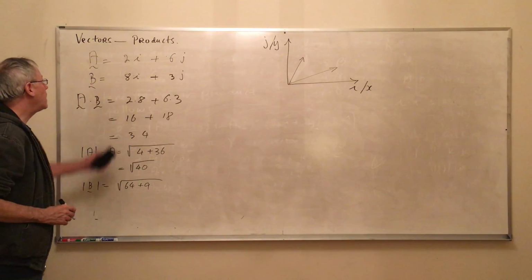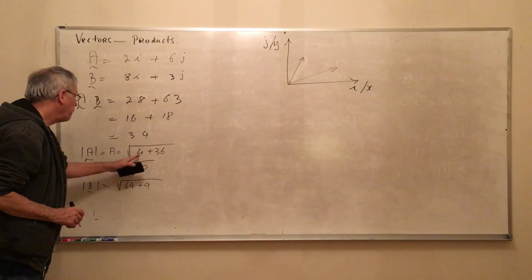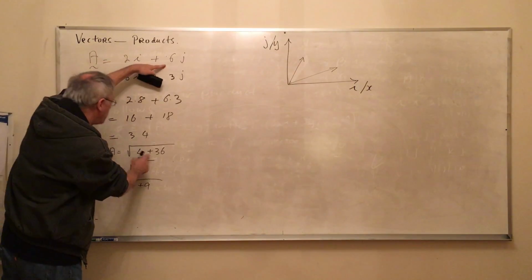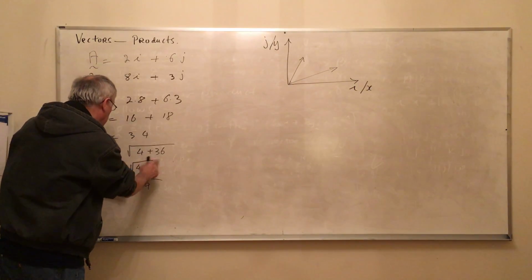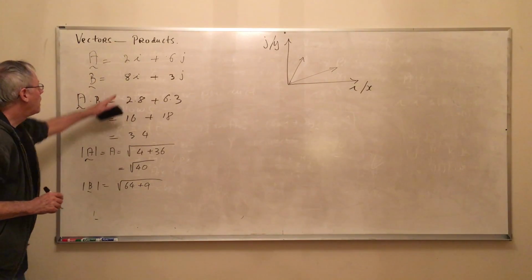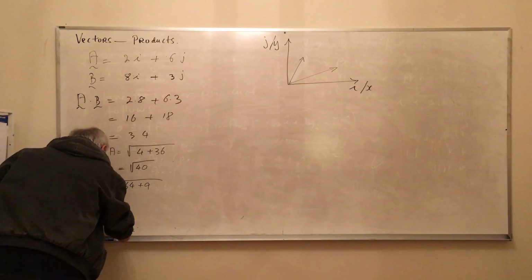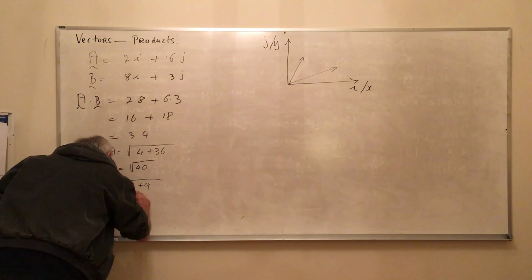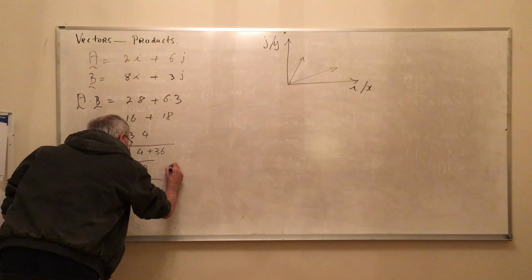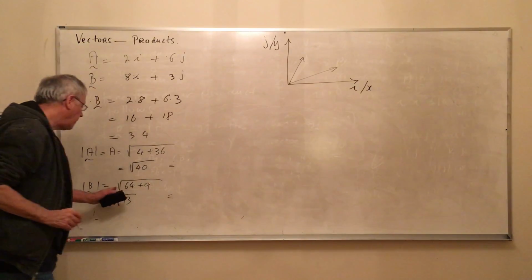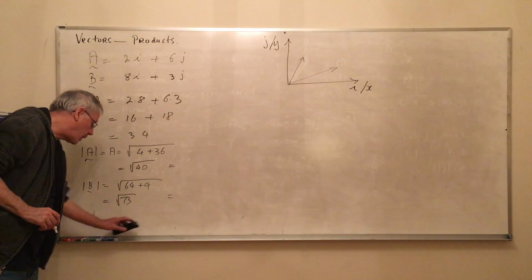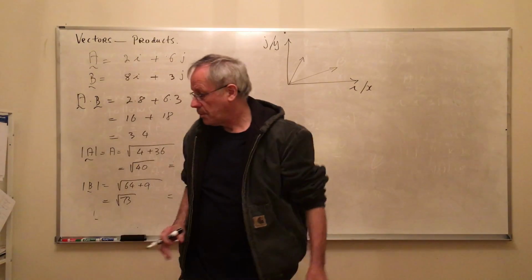And the lengths of these vectors are the square root of the components squared. 2 2s is 4, 6 6s is 36. 4 and 36 is 40, so take the square root of that. 8 8s is 64, 3 3s is 9. So the length of this vector is square root of 73, and I'll work it out just to keep it there for use.